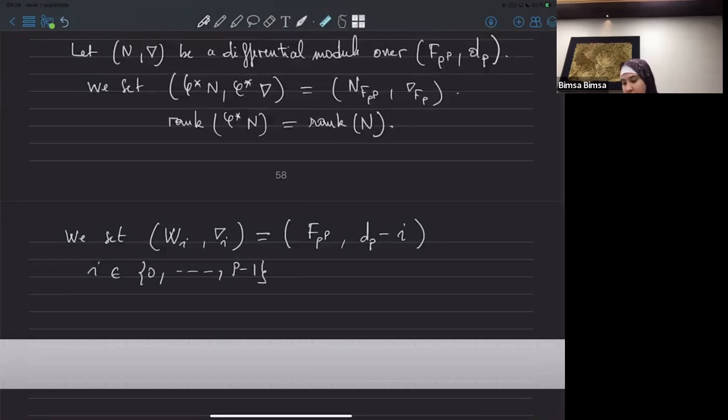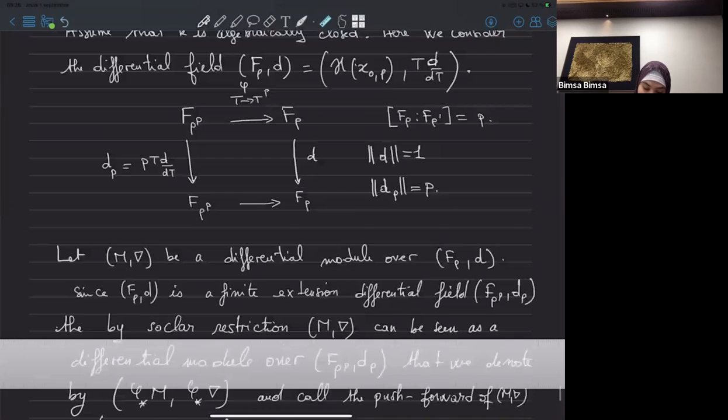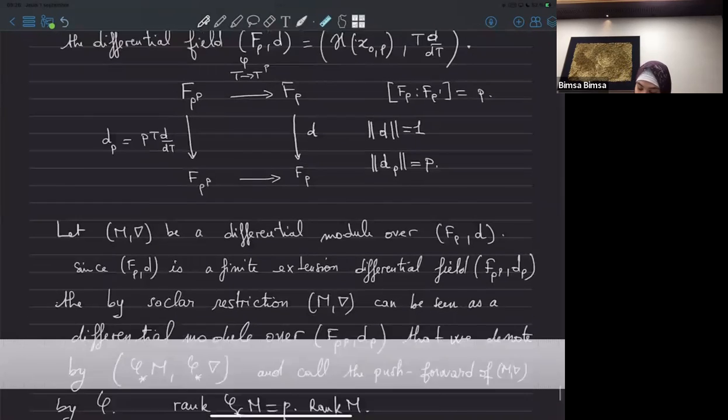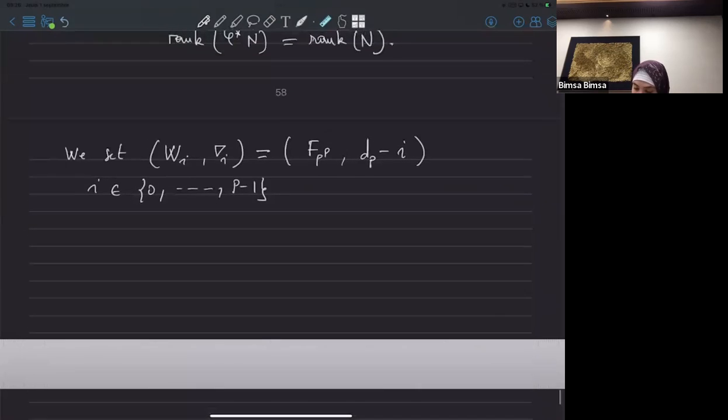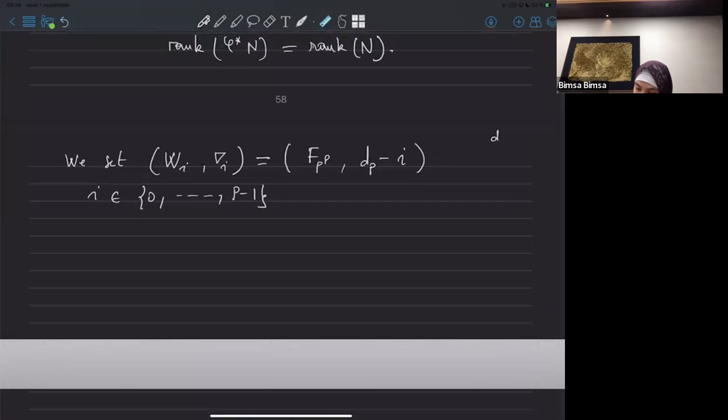This just means that if we want to have the same derivative, it's a kind of this module.